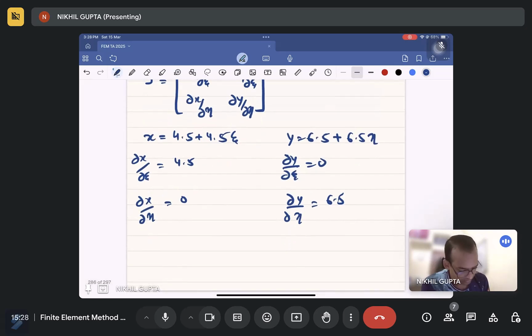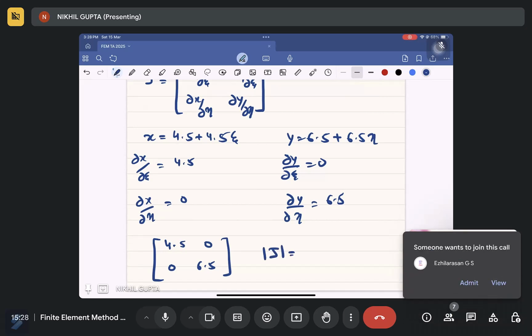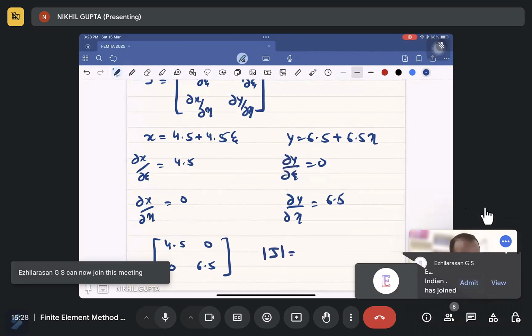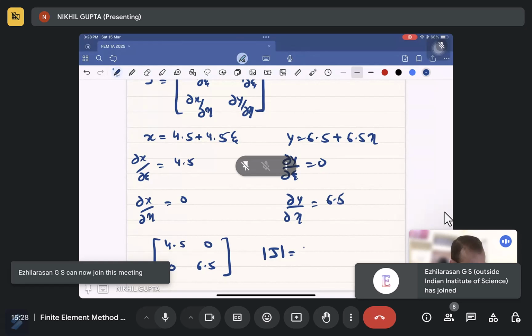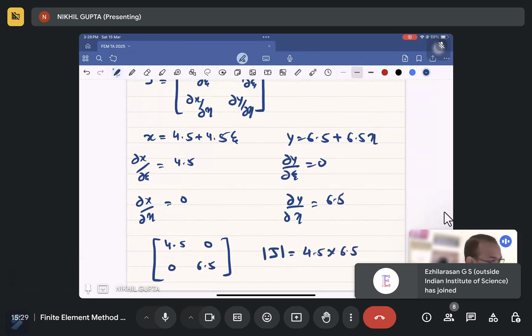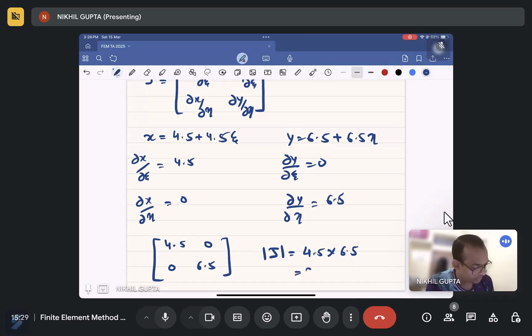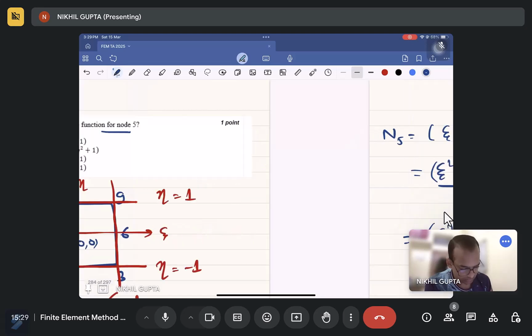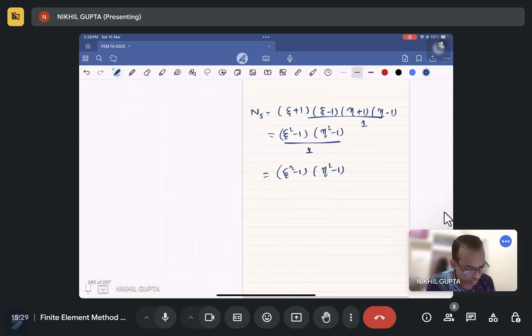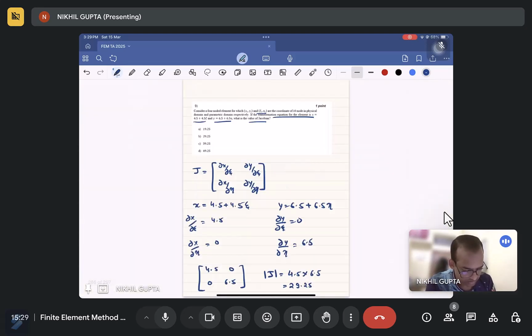So when we put the values, it will be [4.5 0; 0 6.5], and since we need the Jacobian, we take the determinant. 4.5 into 6.5 gives 29.25. If you check the question, it's on the same page, so the answer is B.